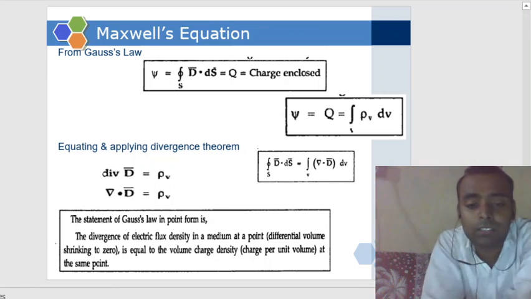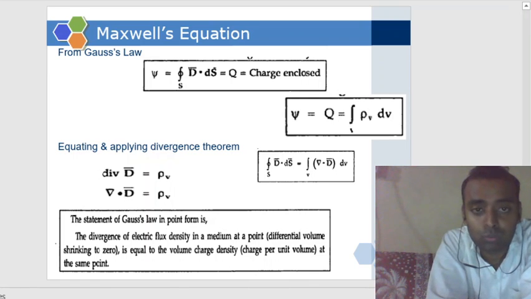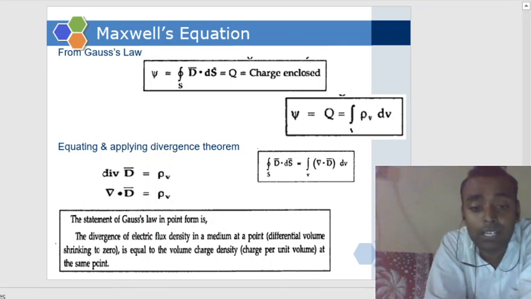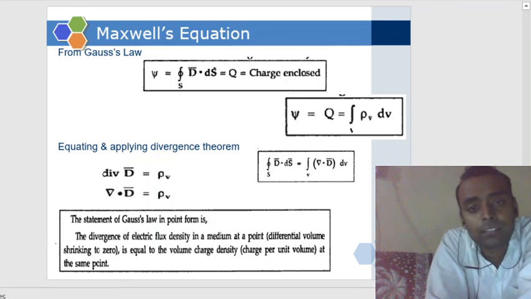And another thing, if I change D to electric field intensity E, then what will I get? Del dot E is equal to rho v by epsilon. Why? Because D is equal to epsilon E, and epsilon is a constant, isn't it?